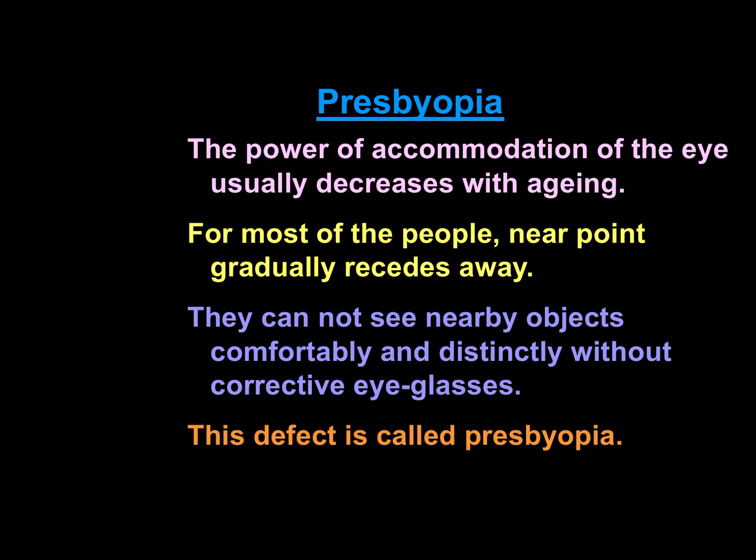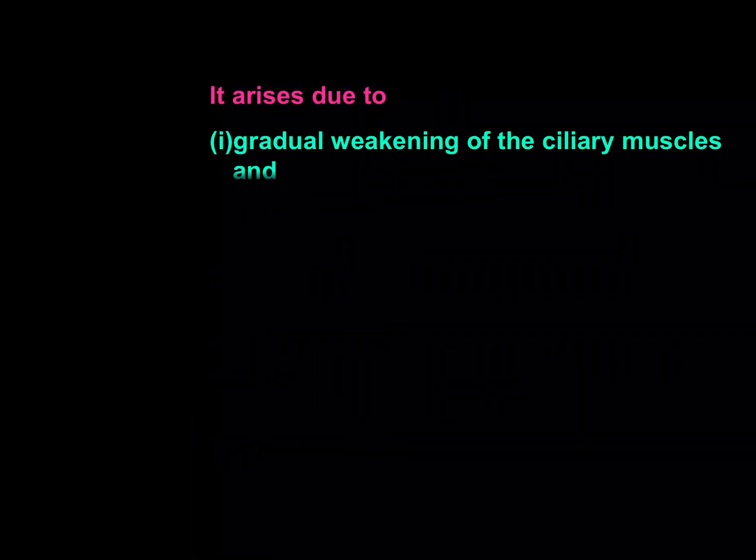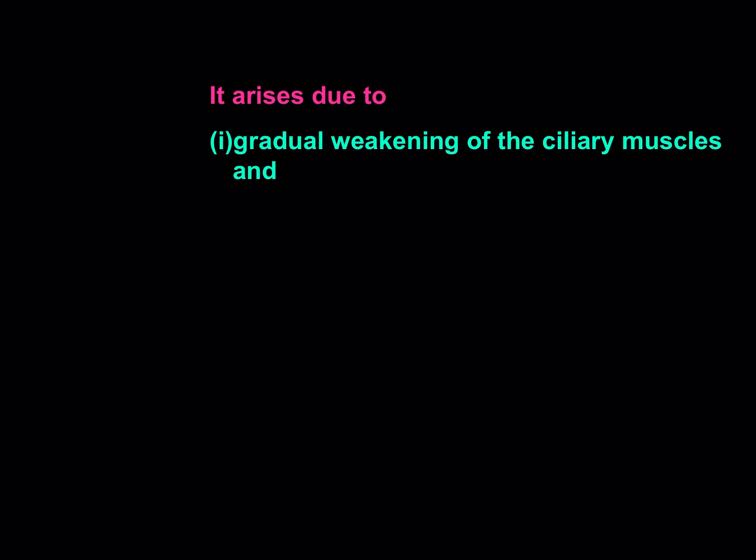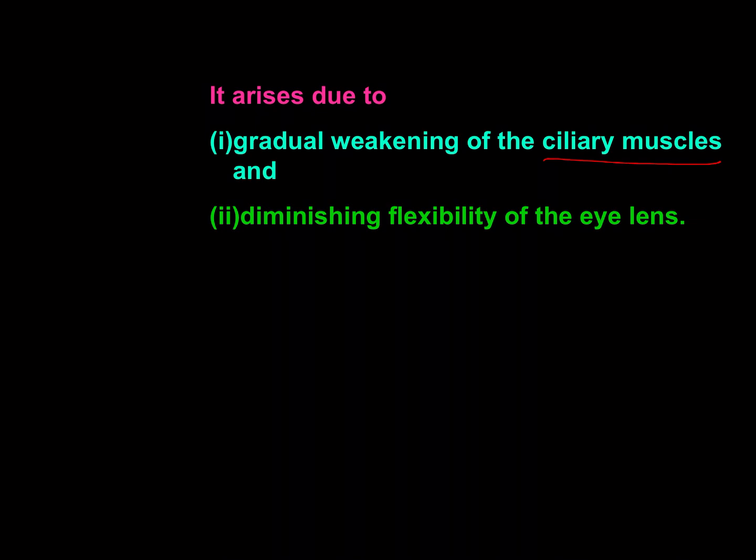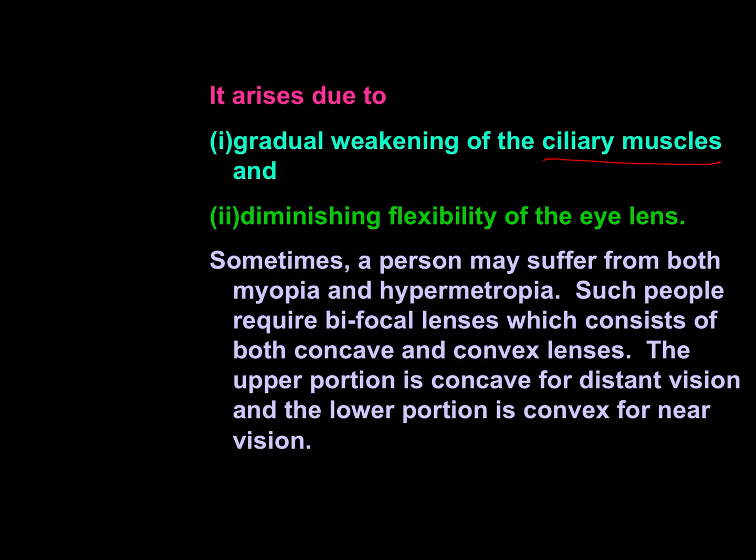This defect is called presbyopia. This defect arises due to gradual weakening of the ciliary muscles and diminishing flexibility of the eye lens.